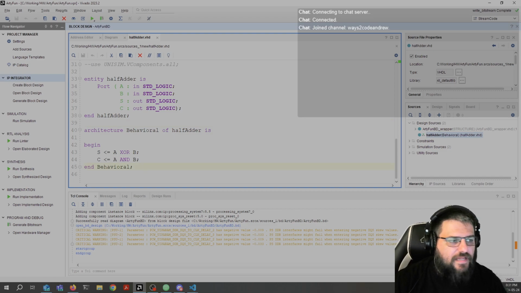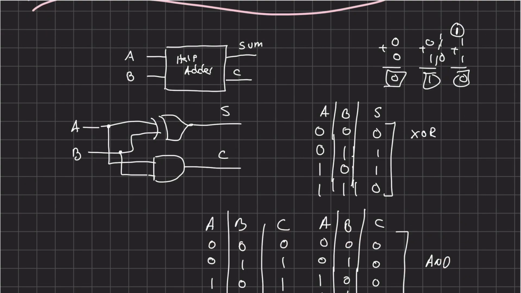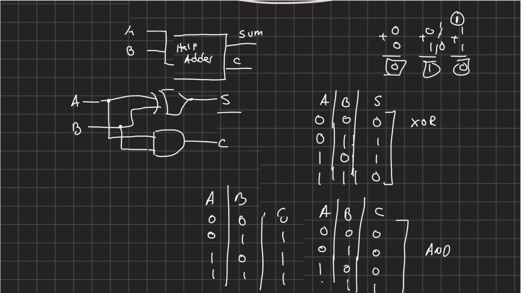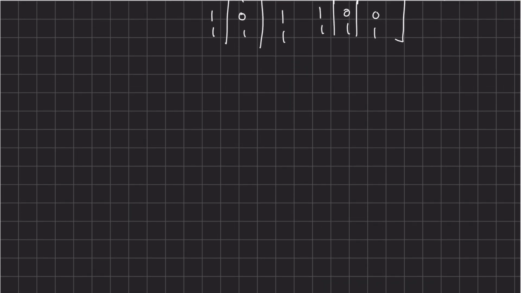So let's go back to the drawing board, shall we? Okay. So one of the problems we have right now is that I cannot use the half adder in a way to add a lot of bits that are together.